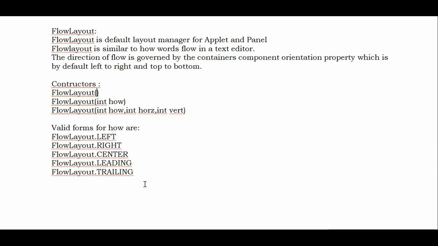So what is meant by left? When I pass FlowLayout.LEFT, this value indicates that each row of components should be left justified. And the next one is FlowLayout.RIGHT. This value indicates that each row of components should be right justified.